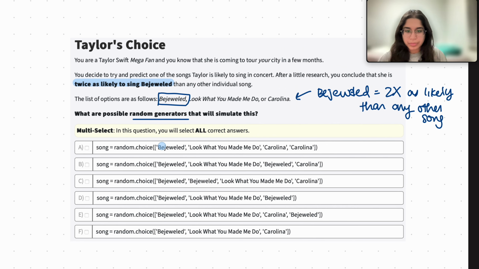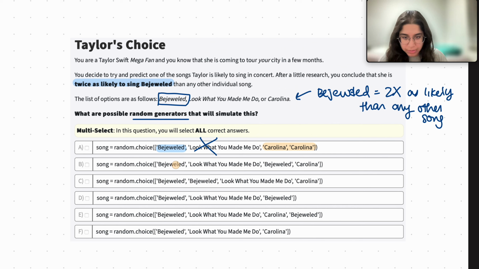In answer choice A, yes, all of these songs are in there, but Bejeweled only shows up once, and songs such as Carolina show up twice. This would mean that, based on this random generator, she is twice as likely to sing Carolina than any other individual song. But that's not what we want, so right away we know this is wrong.